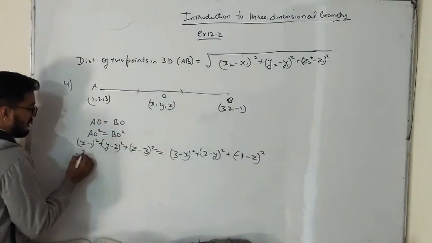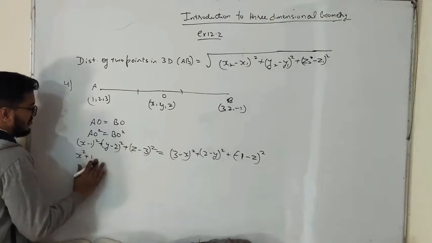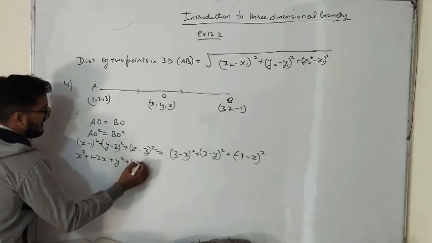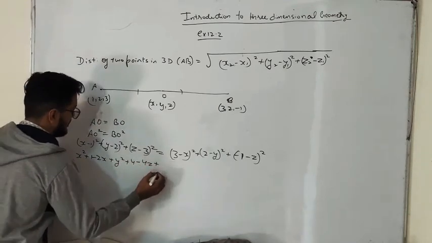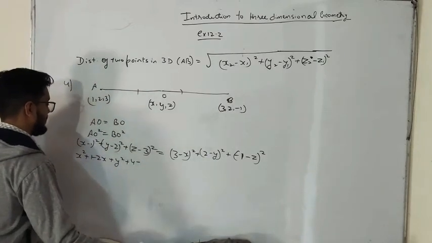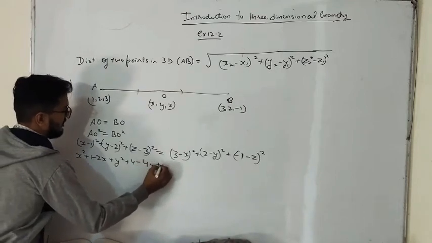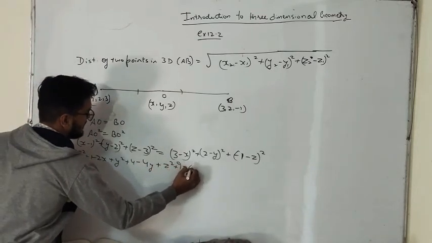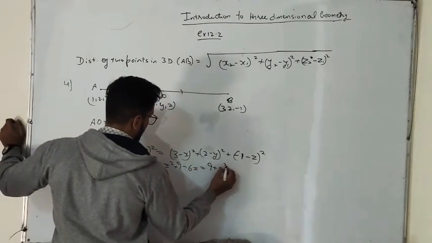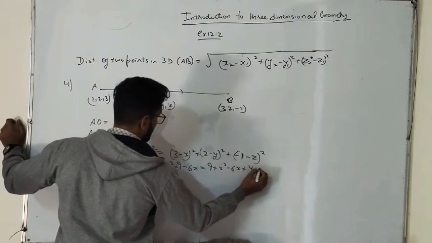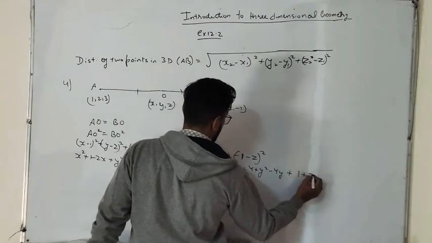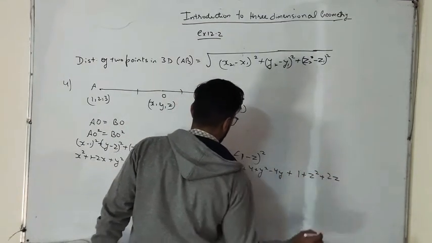So x square plus 1 minus 2x plus y square plus 4 minus 4y plus z square plus 9 minus 6z is equal to 9 plus x square minus 6x plus 4 plus y square minus 4y plus 1 plus z square plus 2z, right?